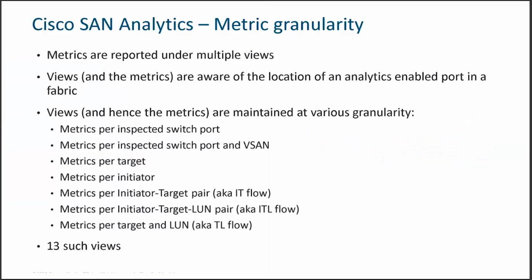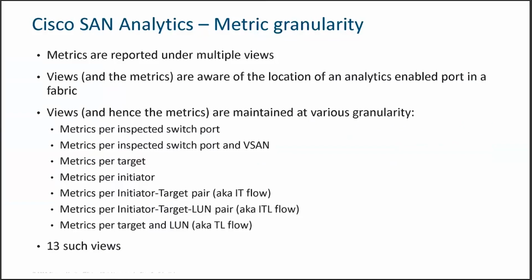So we'll go into more detail of the architecture of the NPU, but essentially in the NPU, there are different views. Views are nothing but, think of a table in a relational database. We maintain different views and we calculate metrics for them separately. If you remember, we talked about this briefly yesterday. Depending on how you define a flow, we have views for that.